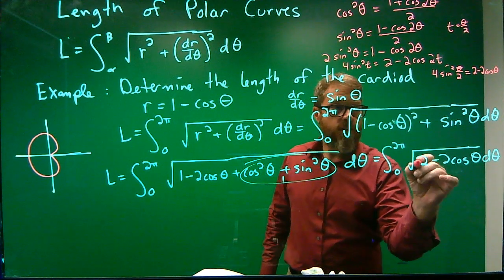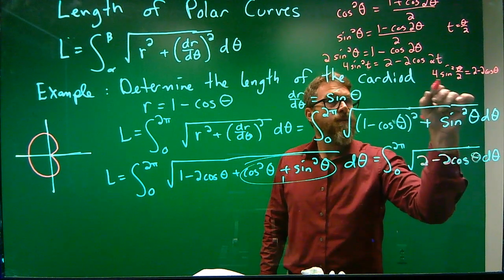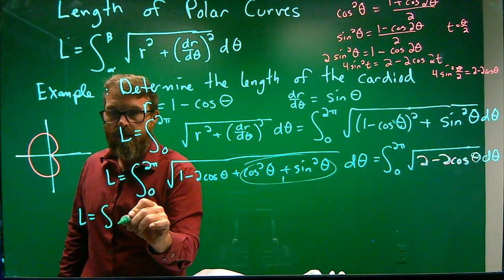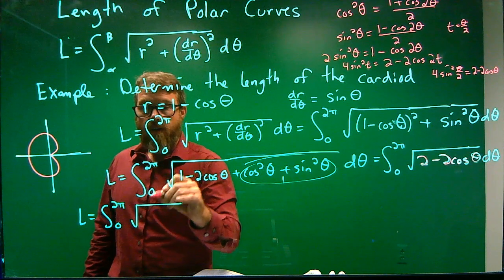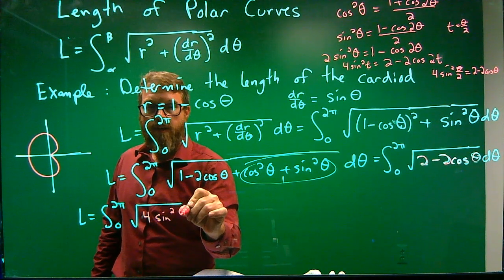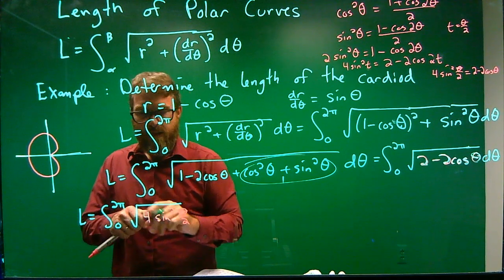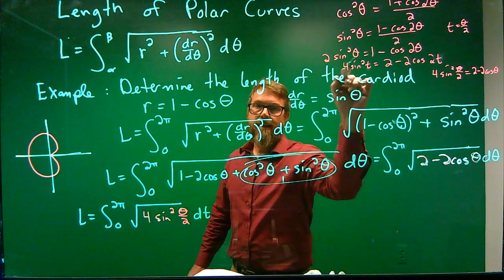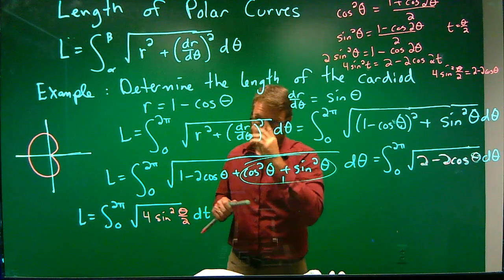So substituting this 2 minus 2 cosine of theta for this expression right here, L is going to be equal to the integral from 0 to 2 pi of the square root of 4 sine squared of theta over 2. So we tend to be using this identity a lot when we're integrating our polar curves.